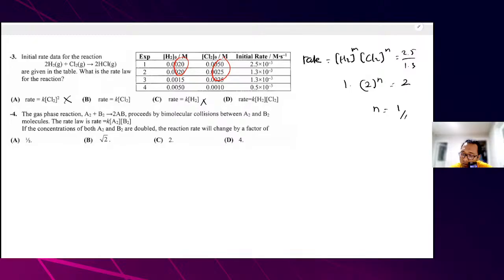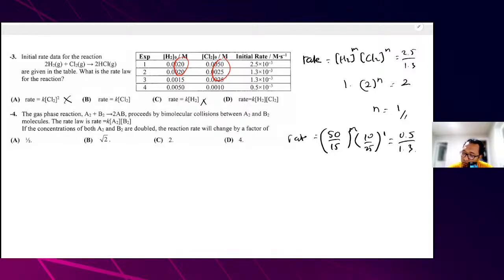And then let's take a look at H2. Okay. Now, 50 divided by 15, and then 10 divided by 25. And then we know this one is N, right? This is 1. And then 0.5 divided by 1.3.